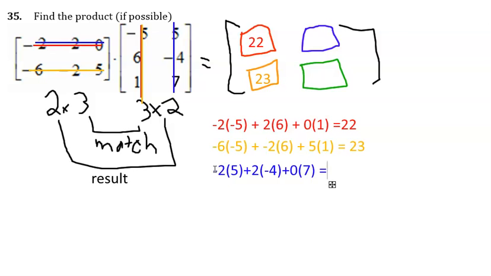And we'll evaluate that. We get -18. So we'll put -18 in the box. Now we want to find the last box, the last element, the green one.